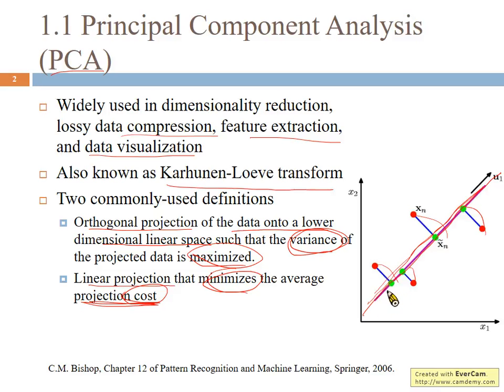Or we can see that we want to minimize the projection cost. The blue line here denotes the projection cost. We want to minimize the error between the original data point and the projected data point. So we can view PCA from two different perspectives.